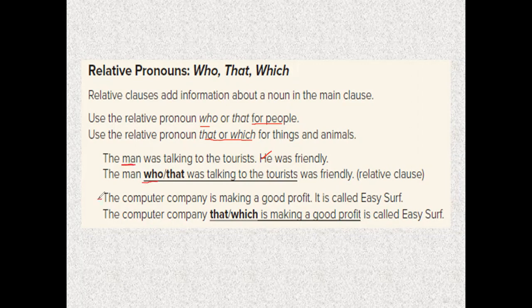The next example, the computer company is making a good profit. It's called Easy Serve. The computer company that or which is making a good profit is called Easy Serve. Here we use which to refer to things. The computer company.